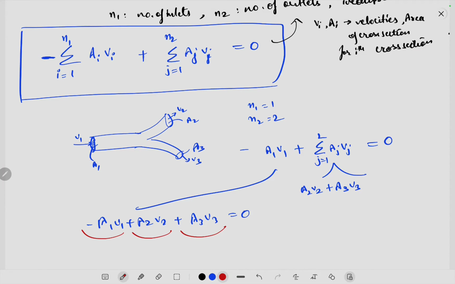Next, let's understand how to use Reynolds transport theorem when external forces are given to you in the question.